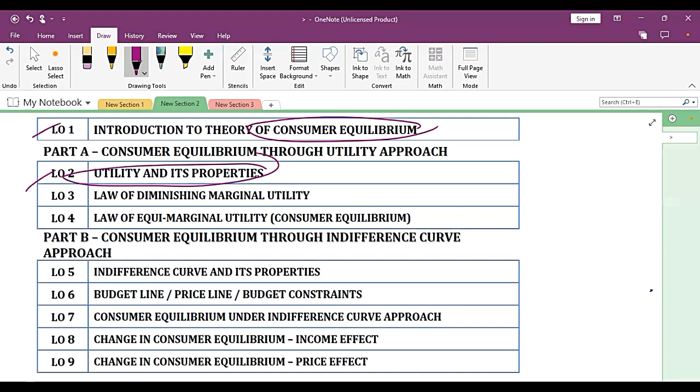So cooling of the stomach is a utility that is obtained through drinking Pepsi. And along with this, we will study its properties, what are its characteristics.